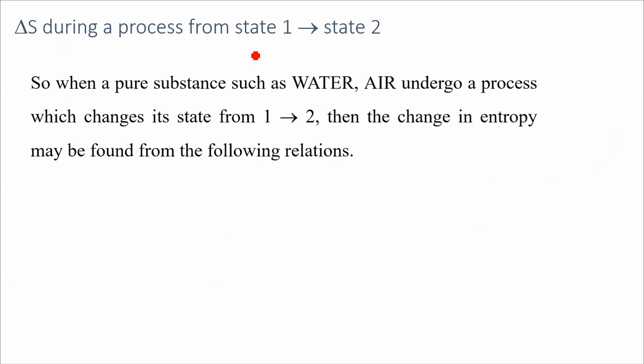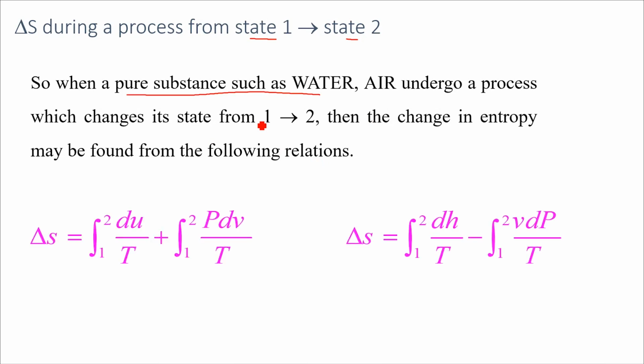The change in entropy during a process from state 1 to state 2 for water as the pure substance or air may be found from these two relationships: integral from 1 to 2 of du over T plus integral from 1 to 2 of P dv over T, or integral from 1 to 2 of dh over T minus integral from 1 to 2 of v dP over T.